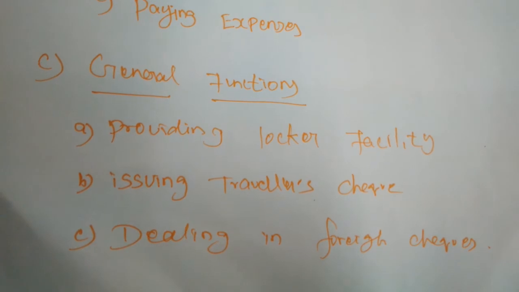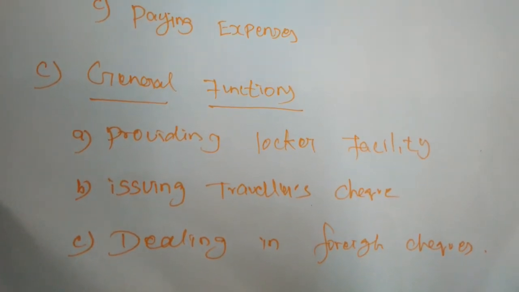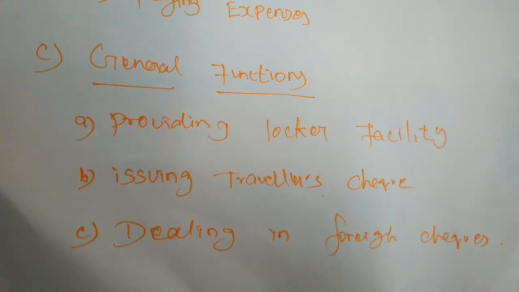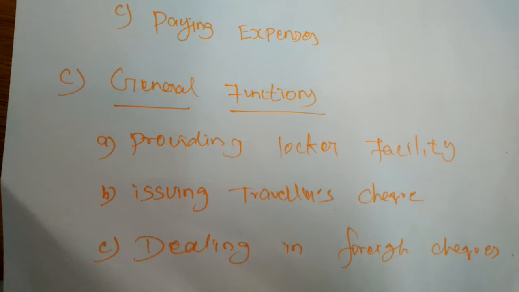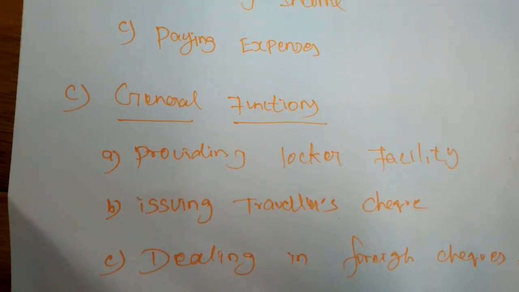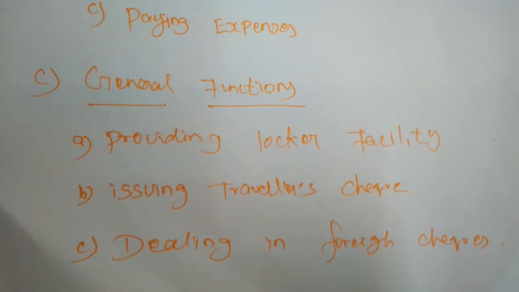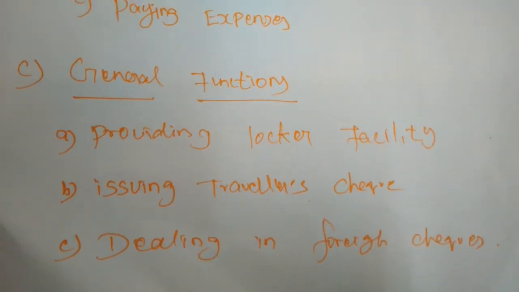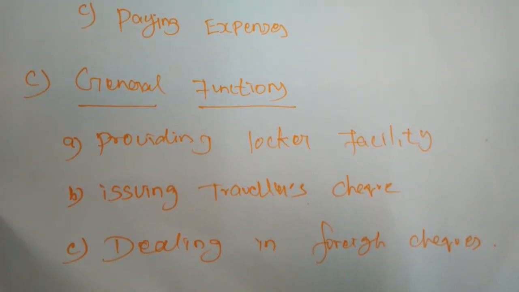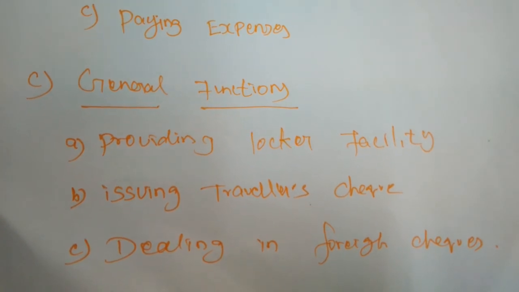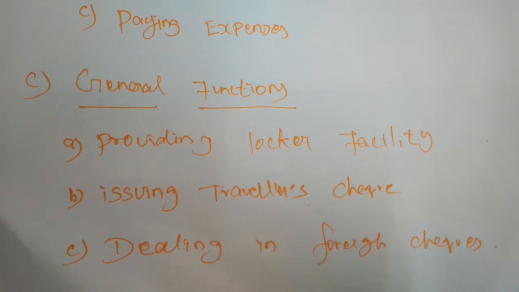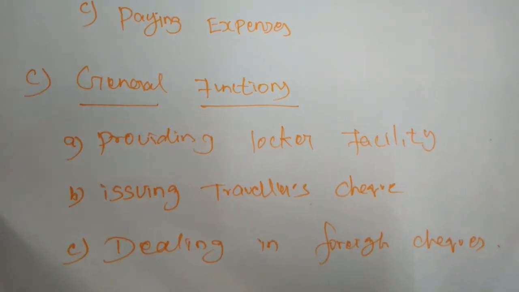So at this time, the commercial banks will provide foreign exchange for the purpose of involvement in international trade. However, commercial banks need to take the permission of the central bank for dealing in foreign exchange. The commercial bank has the power to deal with foreign exchange, but they must ask the permission of the central bank. With the permission of the central bank only, the commercial banks can handle foreign exchange.